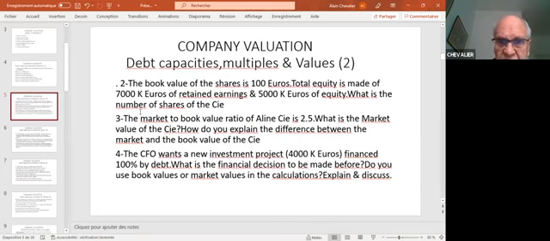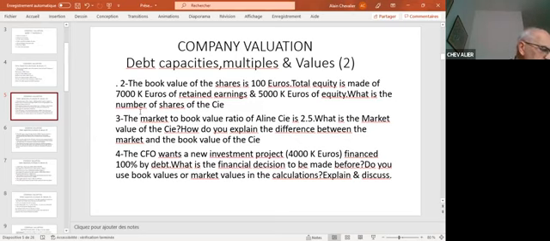We know today, at the time of the analysis at least, that total equity is equal to 7,000 euros of retained earnings and 5,000 euros of equity. We knew in question 1 that the total book value of equity is 12,000.